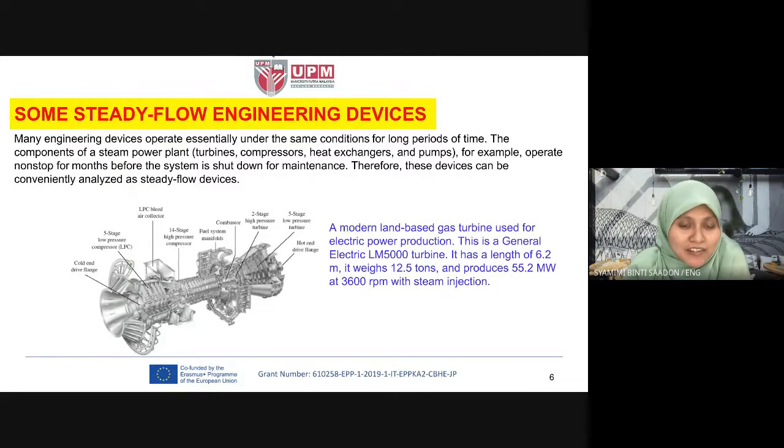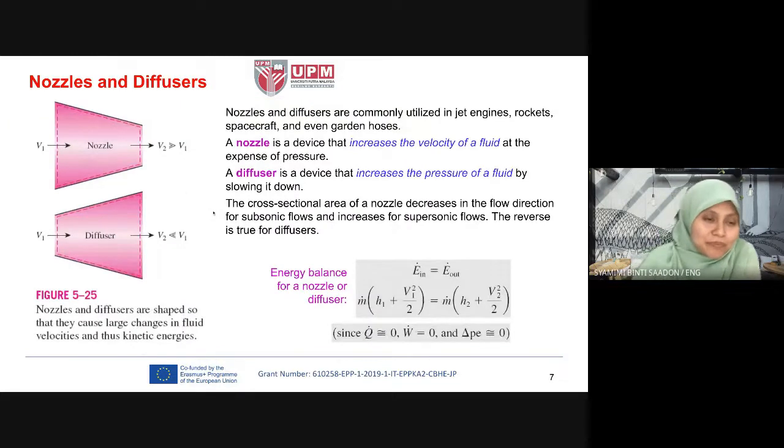We sketch the schematic diagram for each of the devices, as a simplified presentation of this component. So a nozzle we draw normally like this and a diffuser we draw like this.